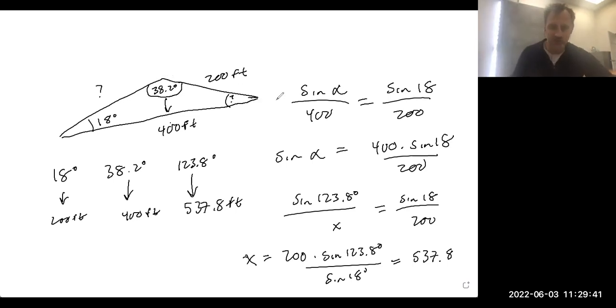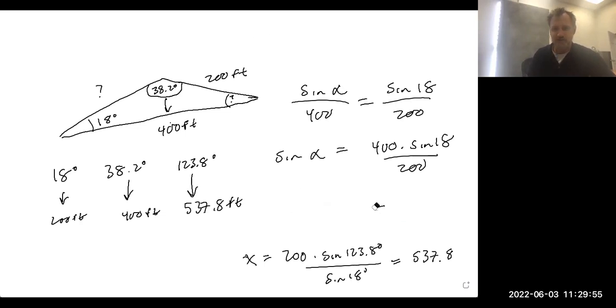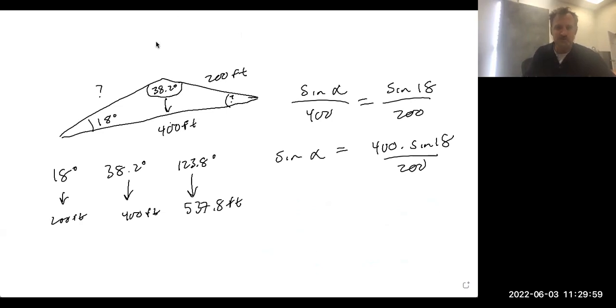I mentioned an ambiguity here, and this is something that comes up in the law of sines, because let's go back to this part where I had sine alpha equals 0.618, I think. Let me just double check.